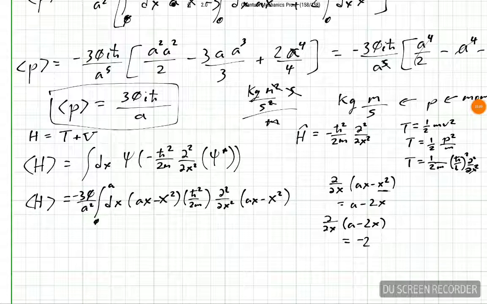So if we take the slope of the slope, say you have some parabola, I take the slope, I get a straight line. I take the slope of that slope, I get a constant, which is exactly what I got. That's nice for us because that makes our integration a whole lot easier. So then I get a negative 2 out in front there.